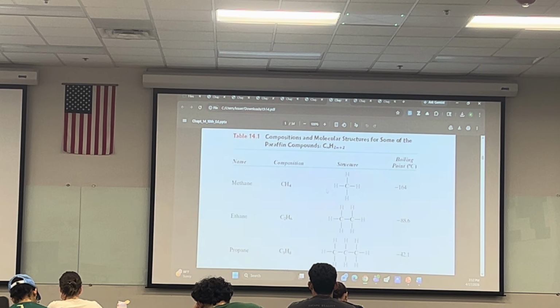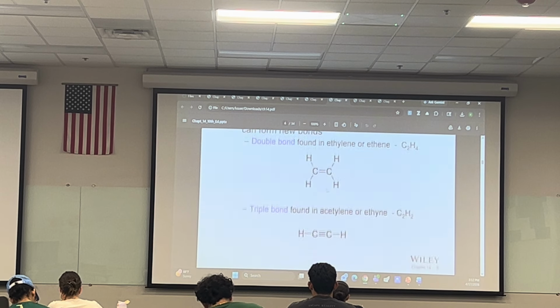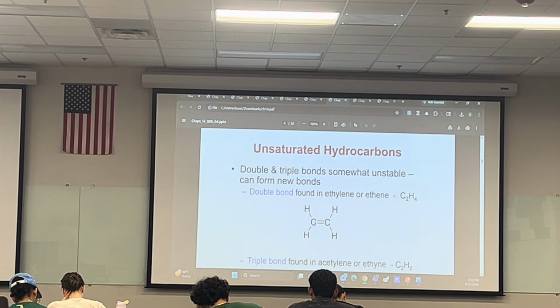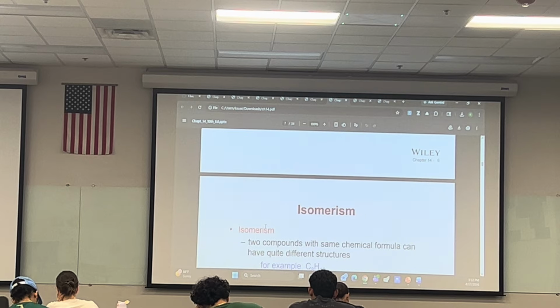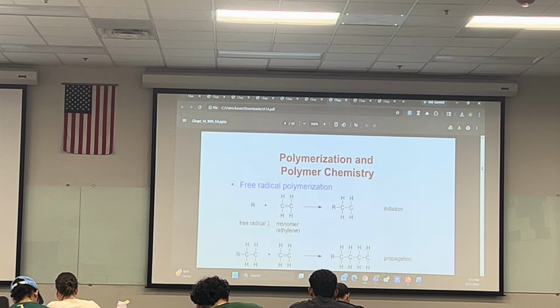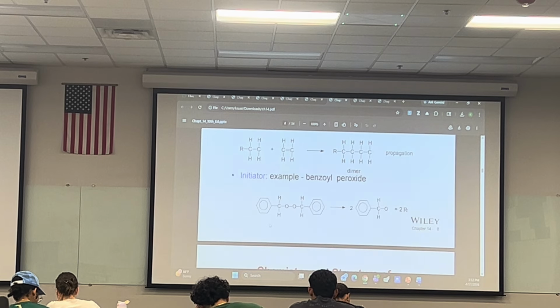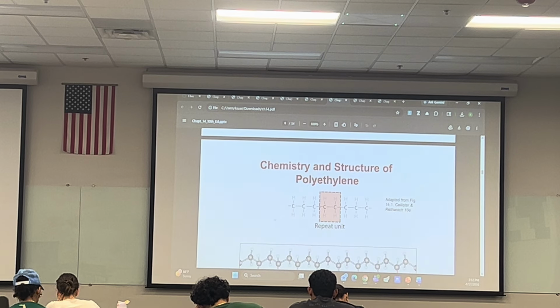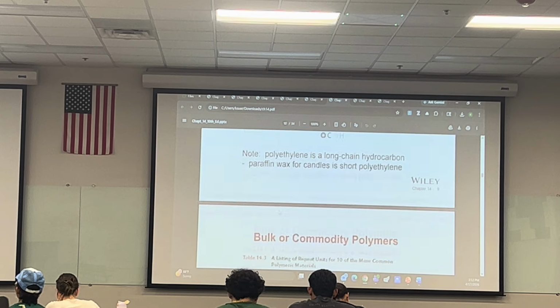These are just terminology, but it's good to know unsaturated and saturated. Unsaturated basically has double or triple bonds. Saturated has only single bonds. We talked about polymerization just for your knowledge.